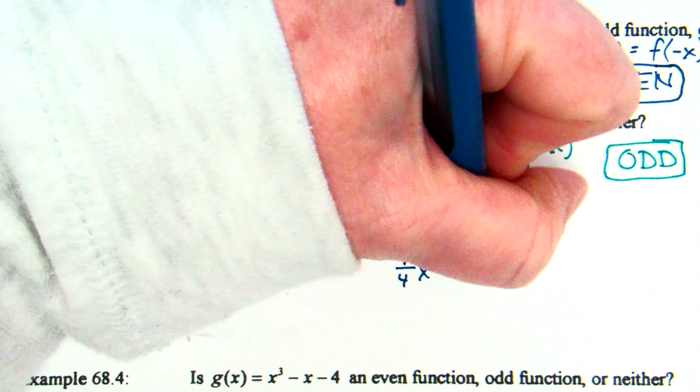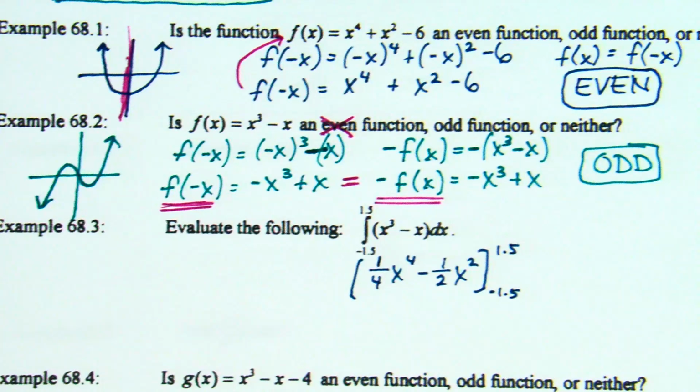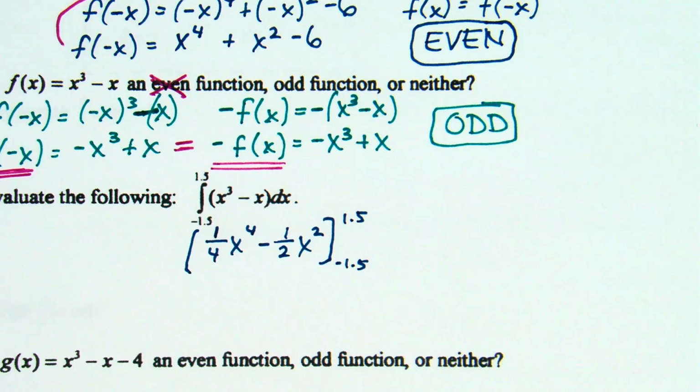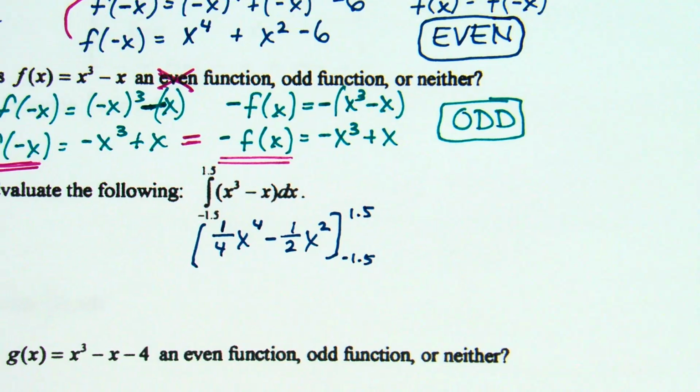One fourth x to the fourth, minus the integral of x, one half x squared, evaluated from negative 1.5 to positive 1.5. So that's the equation from above. I feel like we have to make two integrals. I didn't even pay attention to the fact it's the equation from above.